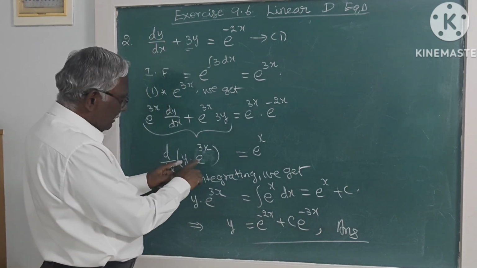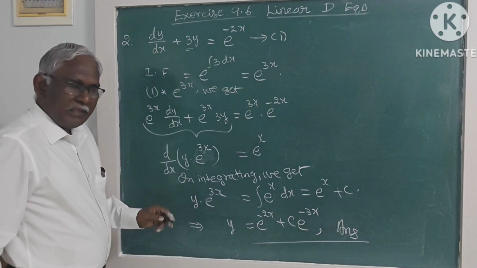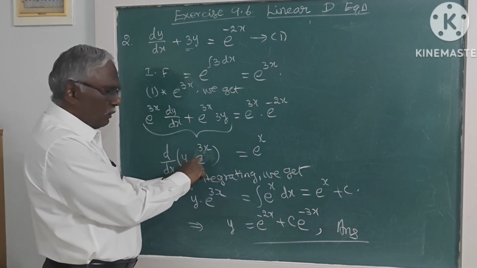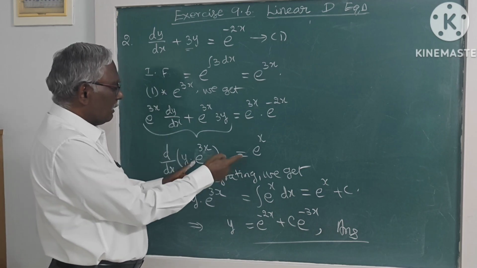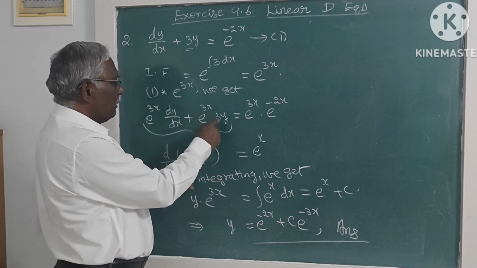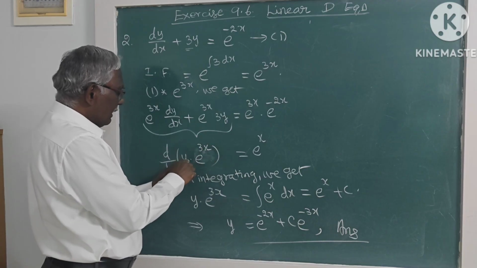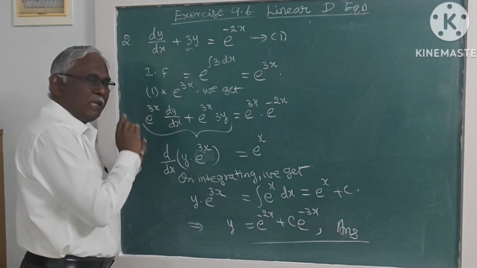In UV form, if we differentiate y into e power 3x, differentiating e power 3x, 3 will come. So e power 3x into 3 into y, so we are getting this term. Then e power 3x into dy by dx.